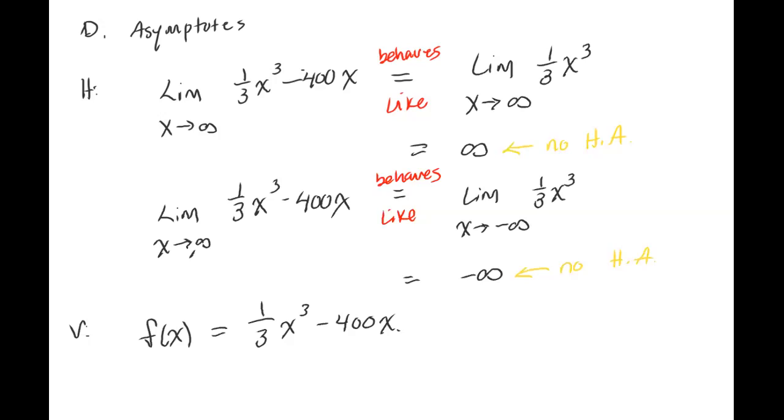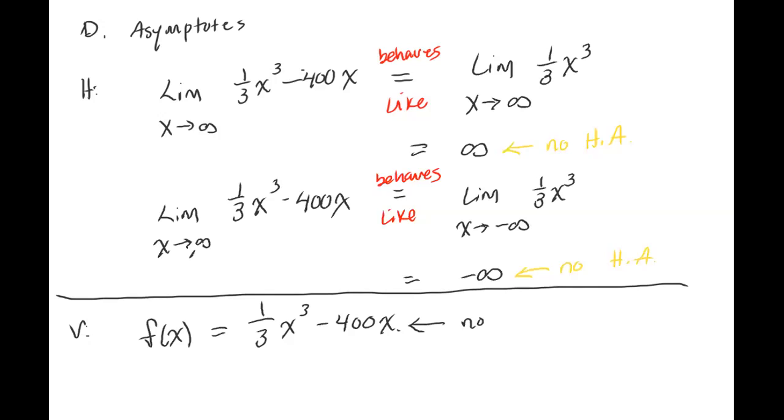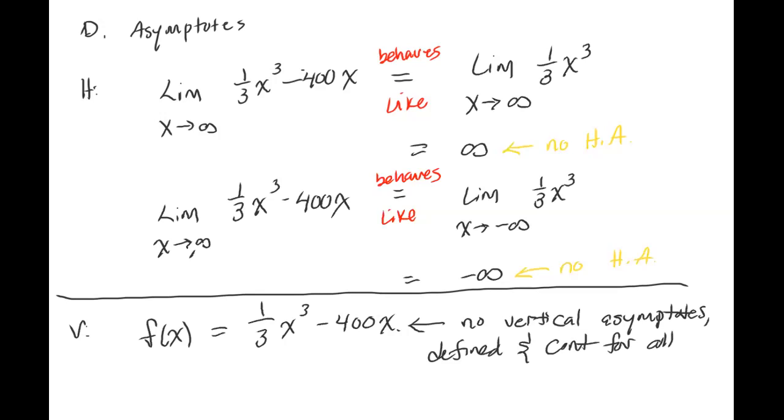Well, there are no such values. So I could also say that there are no vertical asymptotes. This function is defined and continuous for all x.